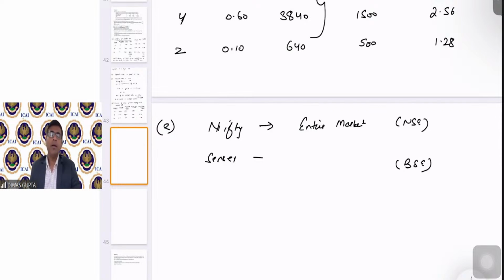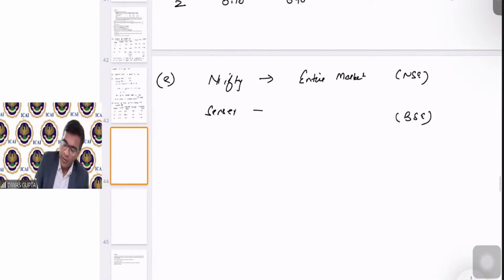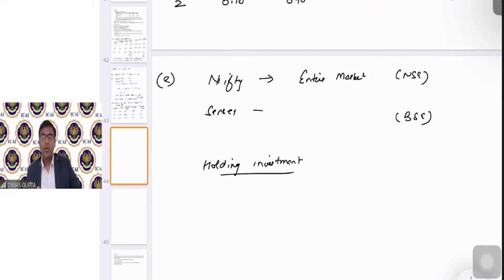Now, what people do is, since they have the entire holding, they will take a position. For example, we are already holding investments.